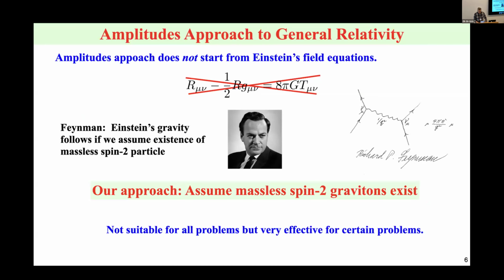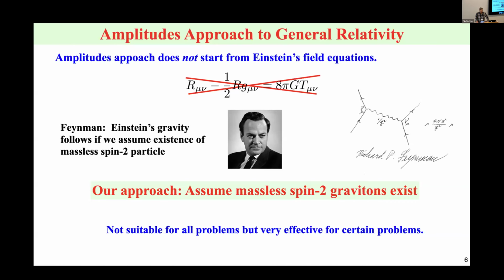We start from an observation that Feynman made, which is that we can derive all of general relativity from one concept: that there exists a massless spin-2 particle called a graviton. Once you know that, you use the consistency conditions of quantum field theory to derive all of general relativity. This is a very powerful approach for a certain class of problems.